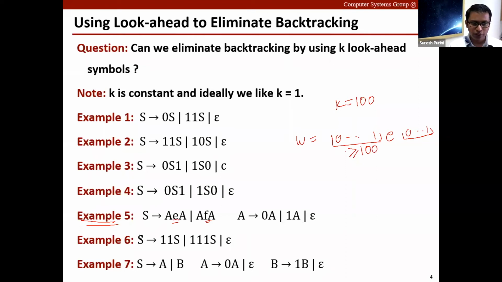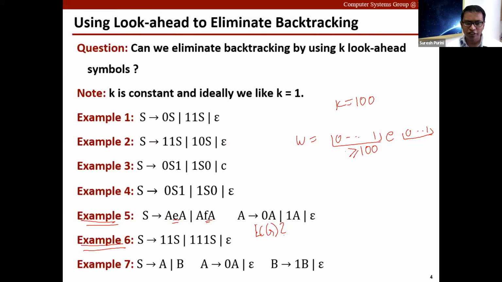Now let's look at example 6. Example 6 is a language over a unary alphabet. That is, the alphabet consists of only one symbol. I will not be answering this question; I want you to check on these two questions later on. The first question is, what is the language described by this grammar?